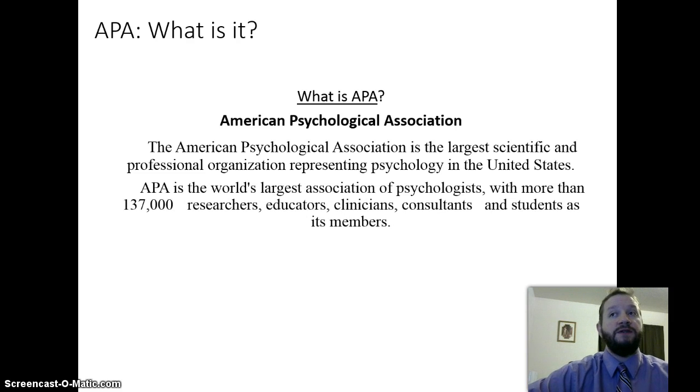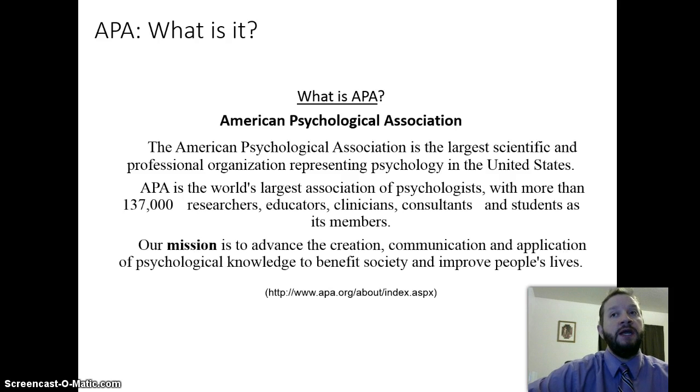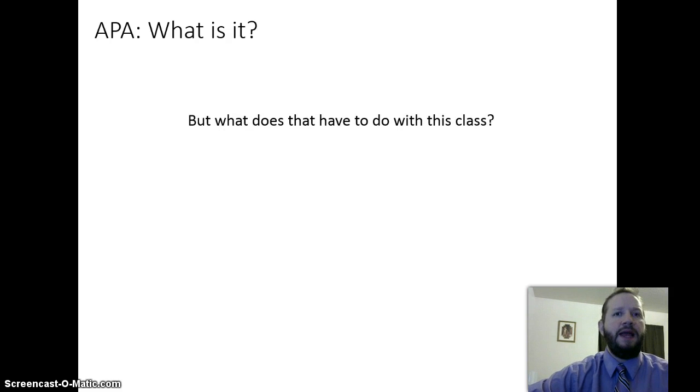APA is the world's largest association of psychologists with more than 137,000 researchers, educators, clinicians, consultants, and students like you as its members. Their mission is to advance the creation, communication, and application of psychological knowledge to benefit society and improve people's lives. But wait, what does that have to do with this class?